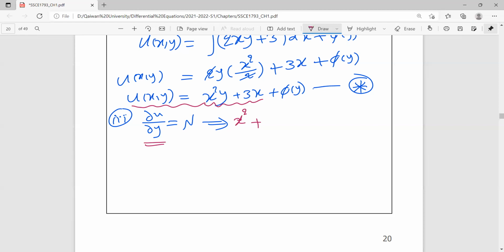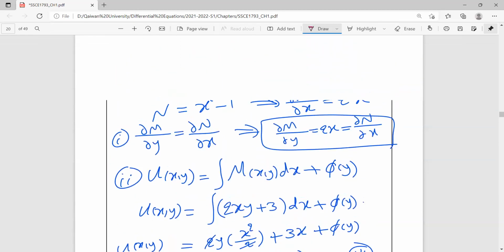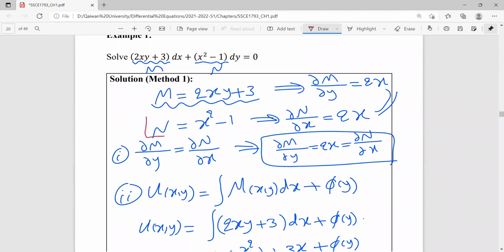And then derivative of phi of y is phi prime of y. Since we had f of x, derivative of f of x is f prime of x. How about phi of y? It's phi prime of y, because the derivative is with respect to y. This equals n. What's n? Here, n is x squared minus 1.